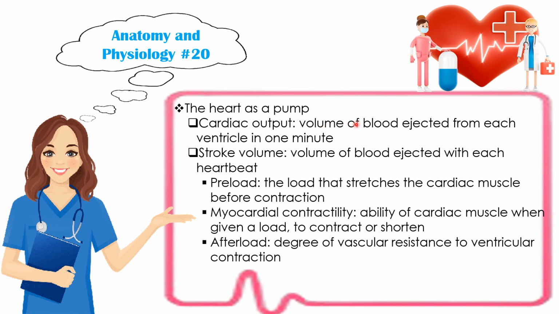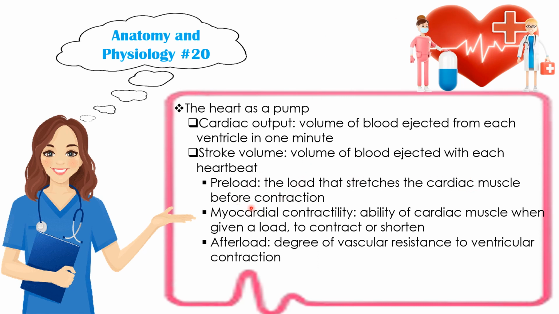So the heart is a pump. The left and the right ventricle pump blood into the systemic and pulmonary arterial trees. The cardiac output is the volume of blood ejected from each ventricle in 1 minute, while the stroke volume refers to the volume of blood ejected with each heartbeat.